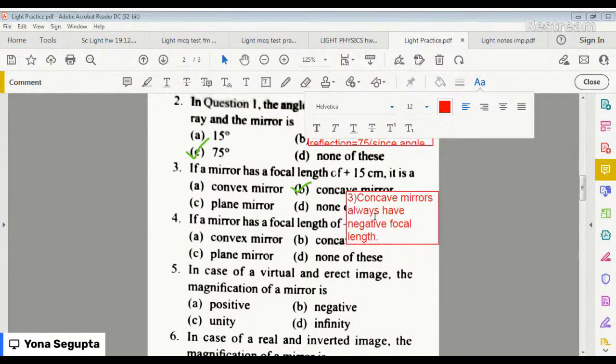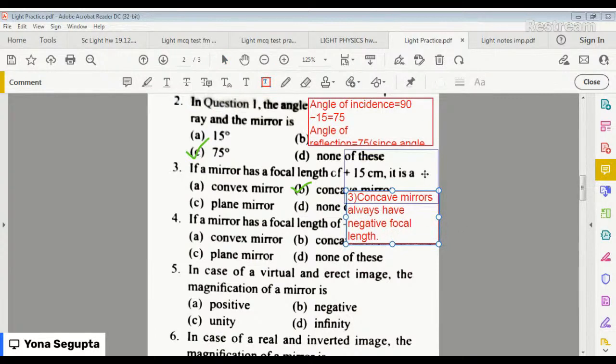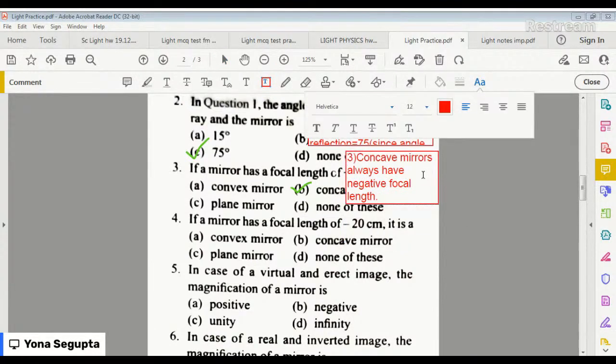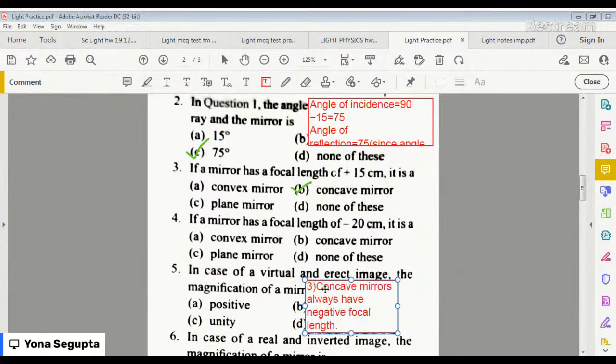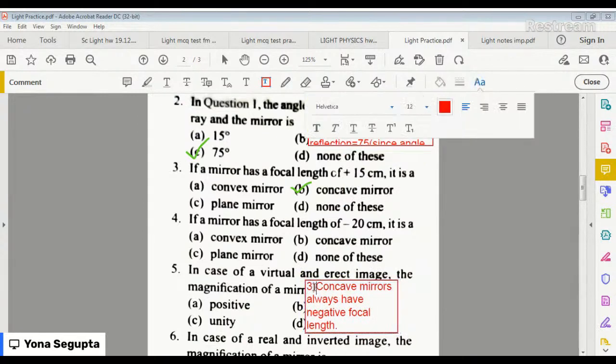Okay. The next one is, if a mirror has a focal length of minus 20 centimeters, what mirror is it? Okay, so what is the mirror again here? Same question as number 3, this is number 4 here.